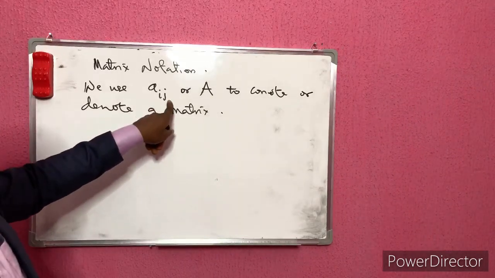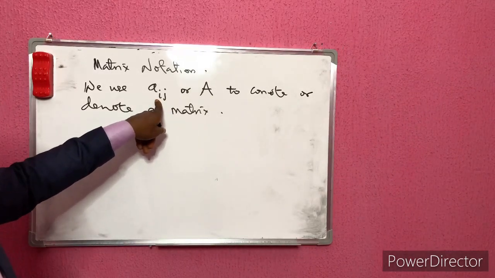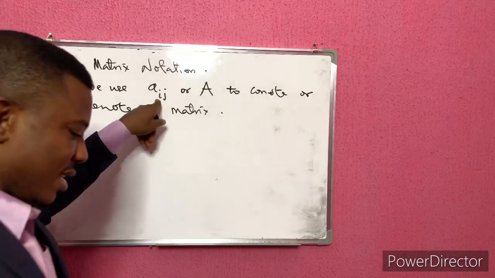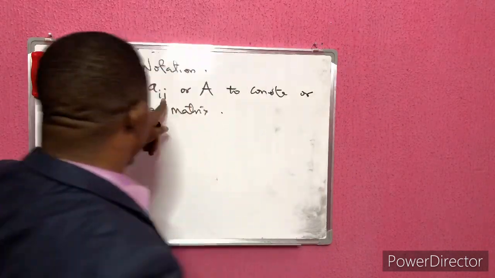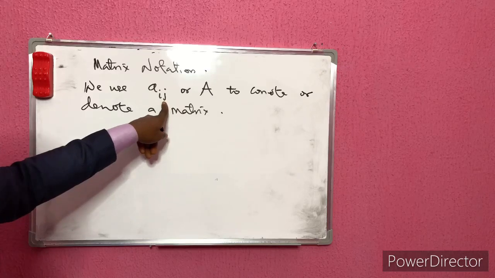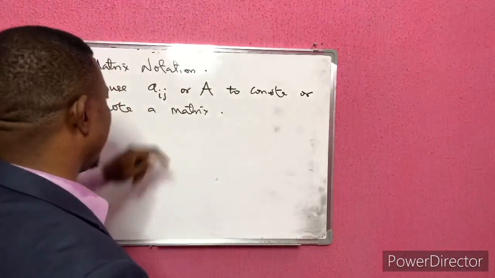This ij, the i here is telling us about the rows. The j is telling us about the column.